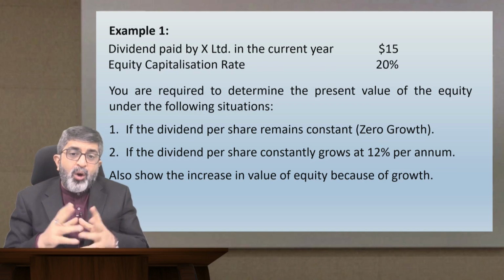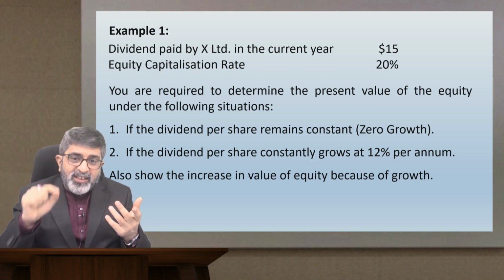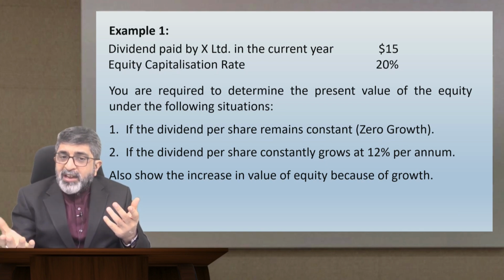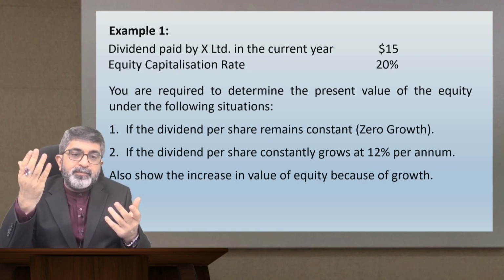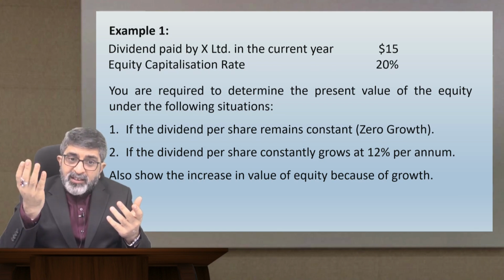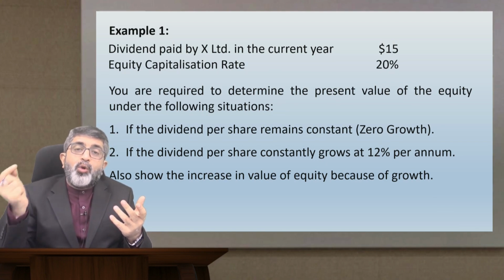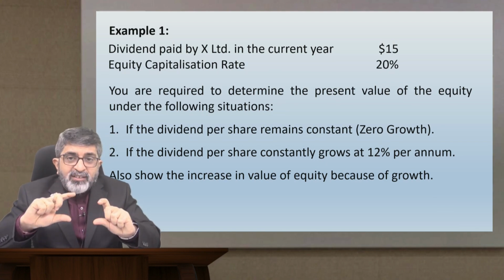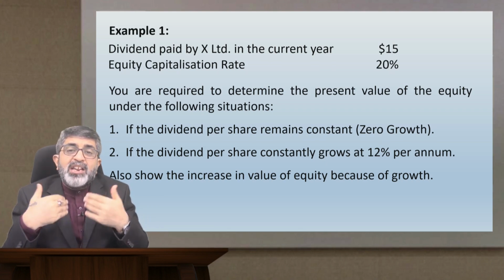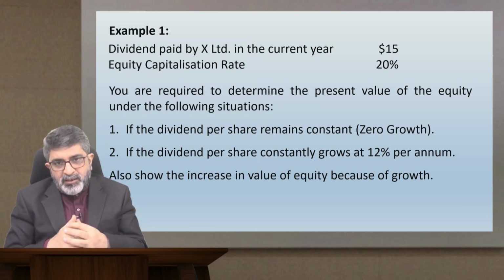So you will obviously find that in the scenario where growth is considered, the value of the shares will be higher. And when you find the value of the shares is higher because of growth, then you also have to mention how much excess value or additional value the share can obtain because of the growth factor.